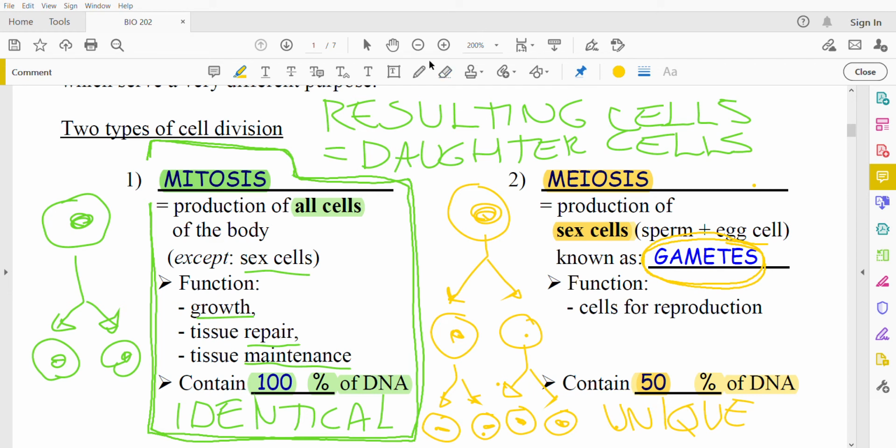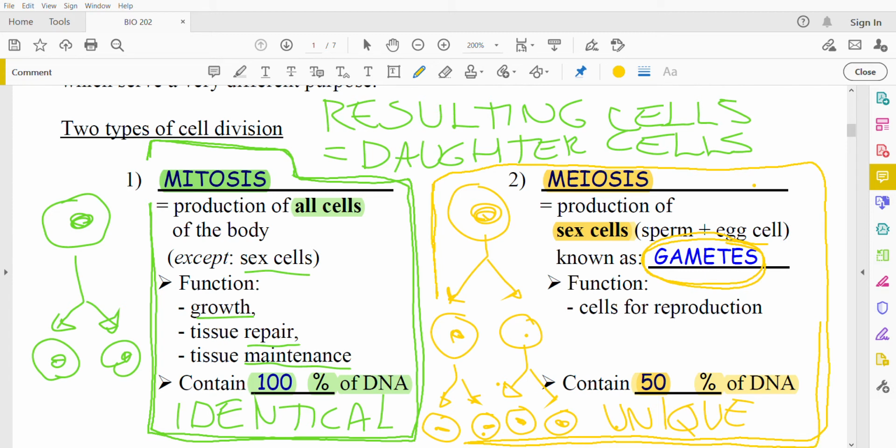And this is important because if you think about it, for our sperm and egg cell, we have one of each, and if both of these contained 100% of the DNA each, we would end up with way too much DNA in the resulting offspring. That offspring would have 200% of the DNA of a normal cell. And of course, that's not what we are after.